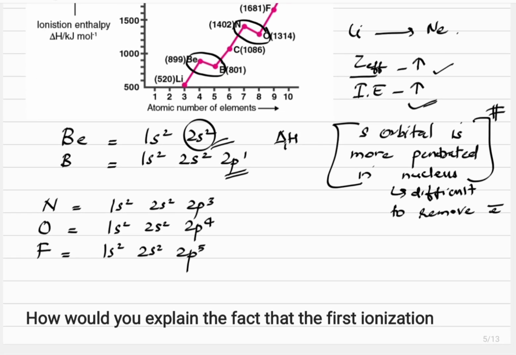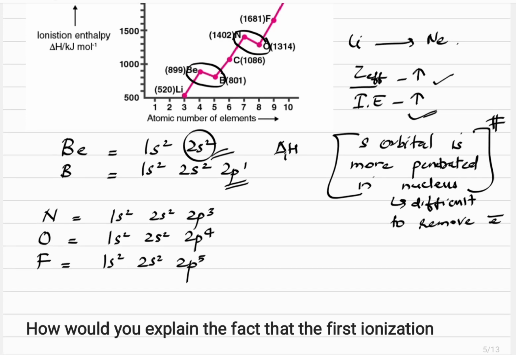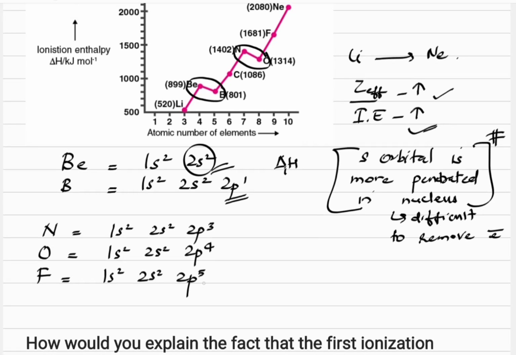Oxygen, nitrogen and fluorine. So the ionization energy of fluorine is higher than that of oxygen, and that is fine because that is the trend, because this is the situation of nitrogen, oxygen and fluorine in a period.